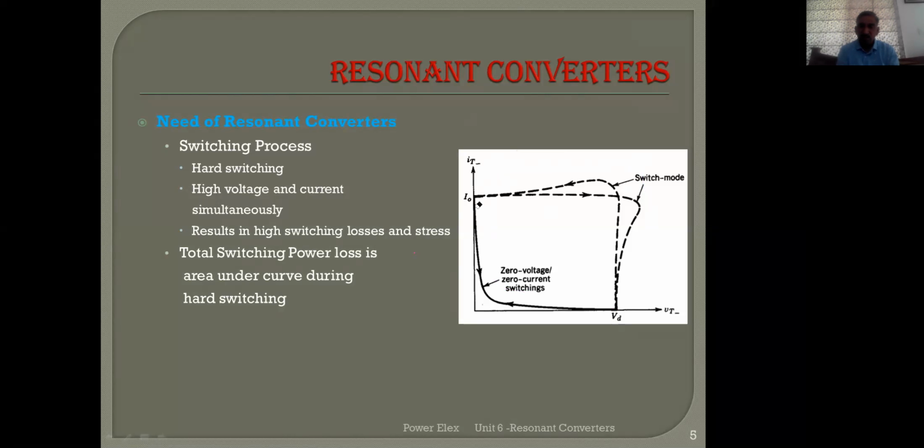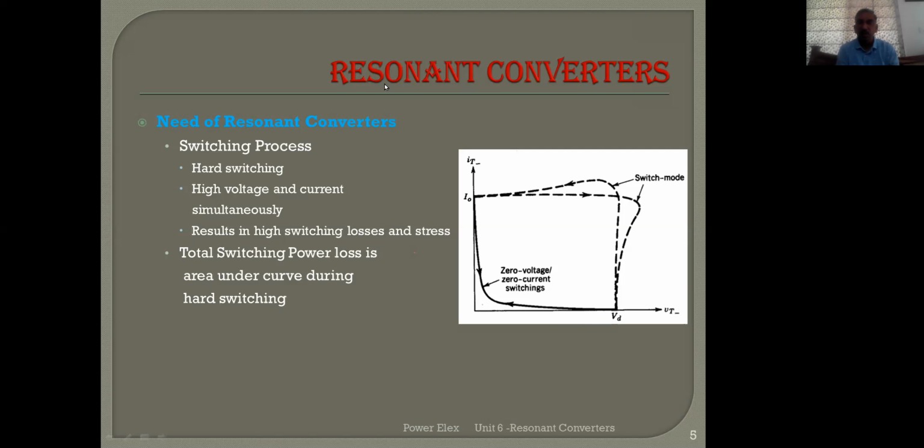See what happens. This current was at peak. It is getting reduced to zero, whereas the device voltage was low, and the voltage across the load is going from maximum to minimum at this point, and this area is the switching loss.